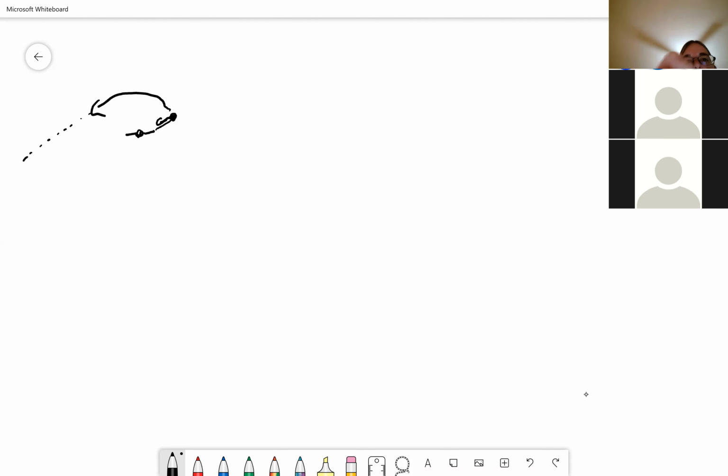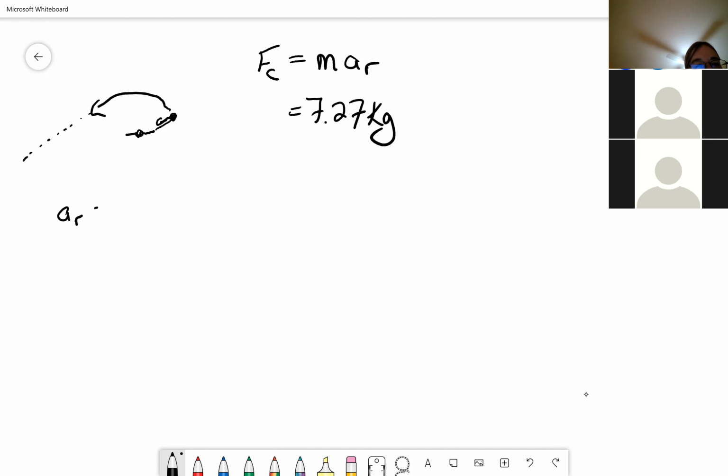Let's go with the centripetal force, which again, the force on the hammer by the person, equals the mass times the radial acceleration, which equals 7.27 kilograms times radial acceleration. Radial acceleration equals v squared over r.